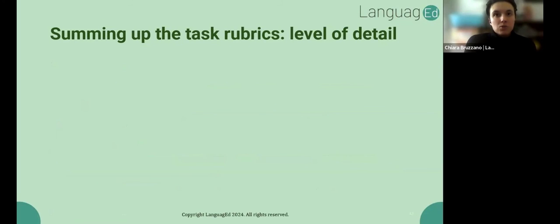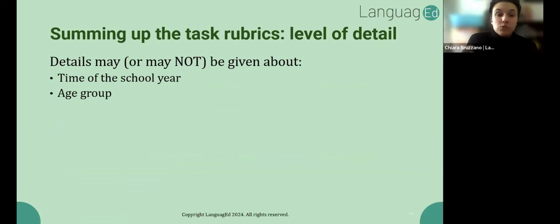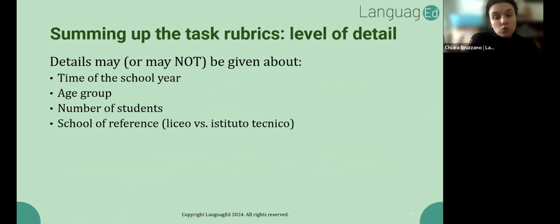There's also different levels of detail, as you will have seen in the examples that I've given you. So details may or may not be given about the time of the school year, so the first or second or third term, the age group of the target class, the number of students, the school of reference, so you might get liceo or istituto tecnico, and you might also, or you might not, get the indirizzo.